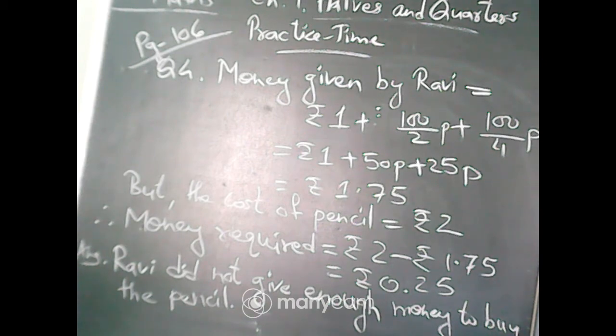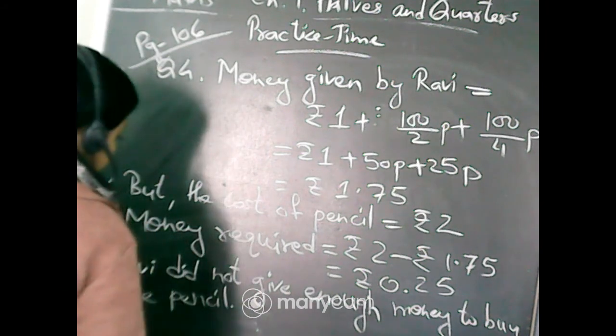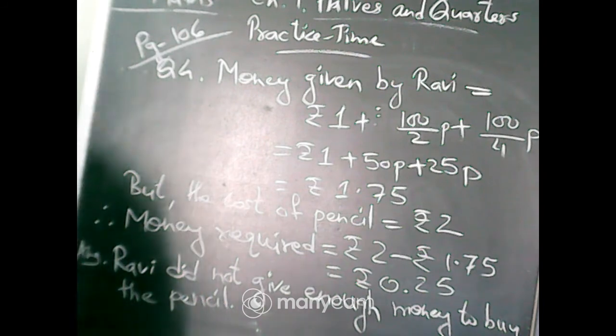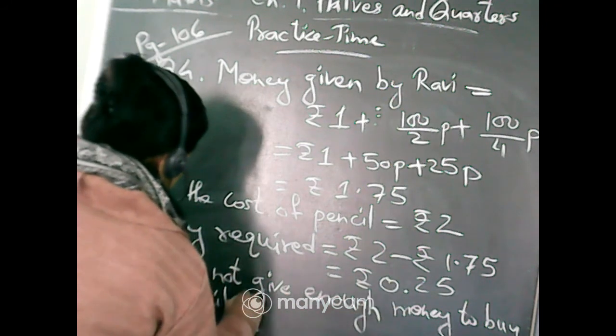Isn't it? You can write here that 25 paise is required more, or 25 paise more is required to buy the pencil. 0.25 means it is 25 paise, isn't it?